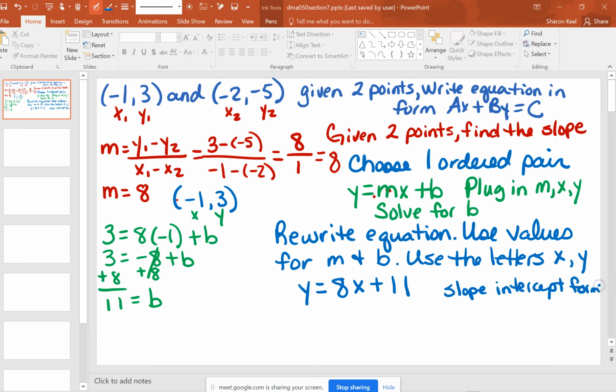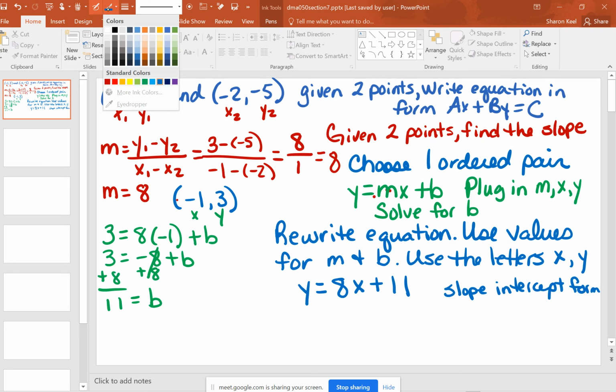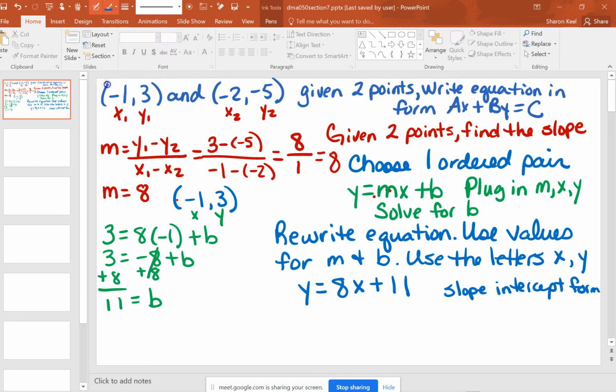However, this particular problem, if we look back at the very beginning, they said they wanted it in standard form, ax plus by equals c. So in order to do that, all I've got to do is take my 8x and move it to the left of the equals.